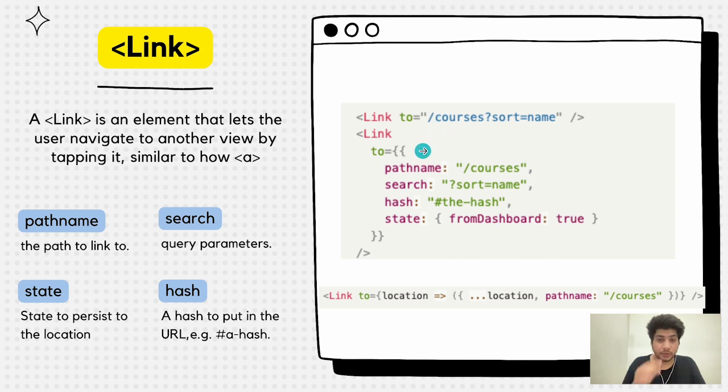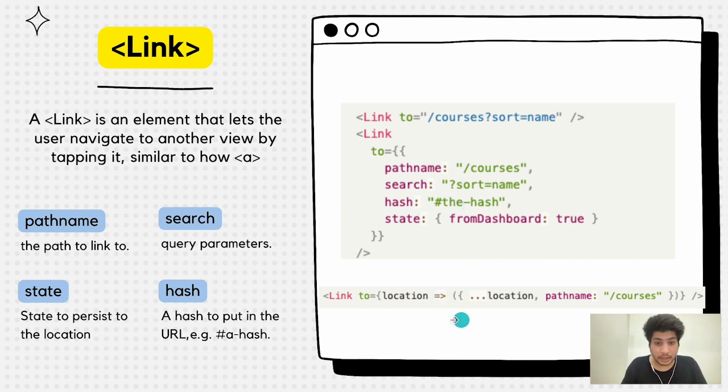You can pass the to property as a string, where you mention the path where you want to go. You can pass it as an object as well, where you can define the pathname, the search, the hash if you want, and the state you want to convey to another component of that location.